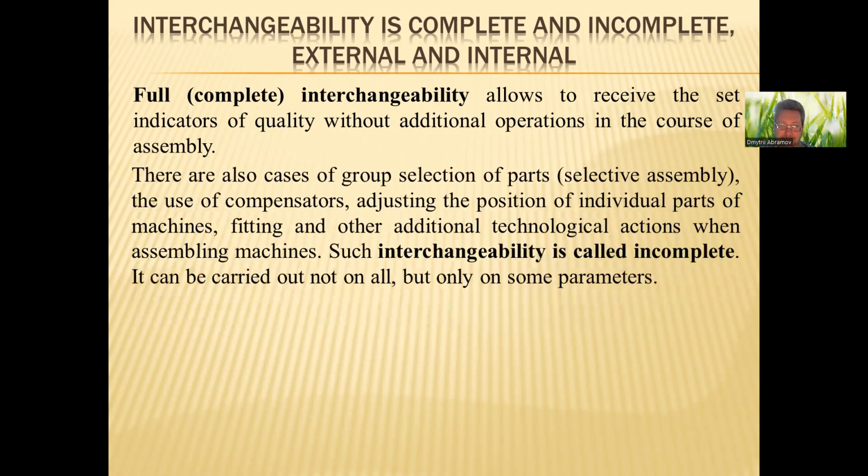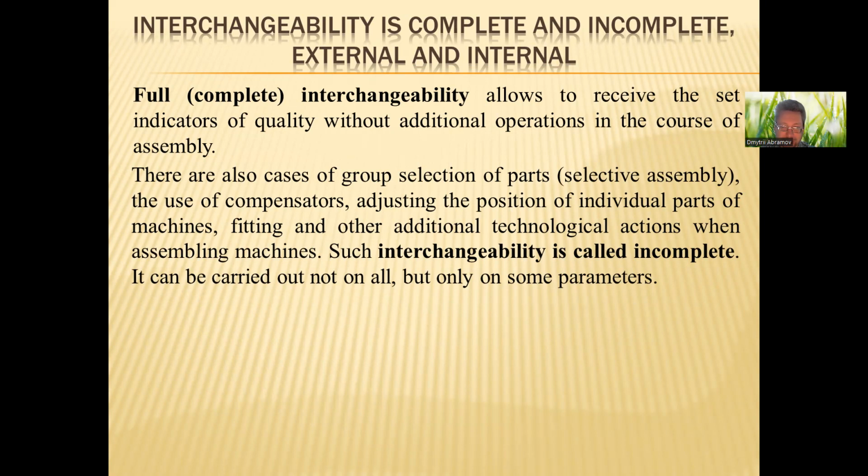There are also cases of group selection of parts, selective assembly, the use of compensators, adjusting the position of individual parts of machines, fitting and other additional technological actions when assembling machines.